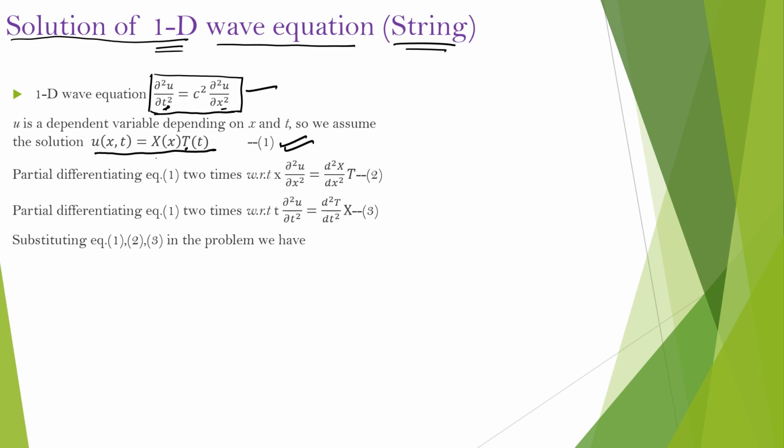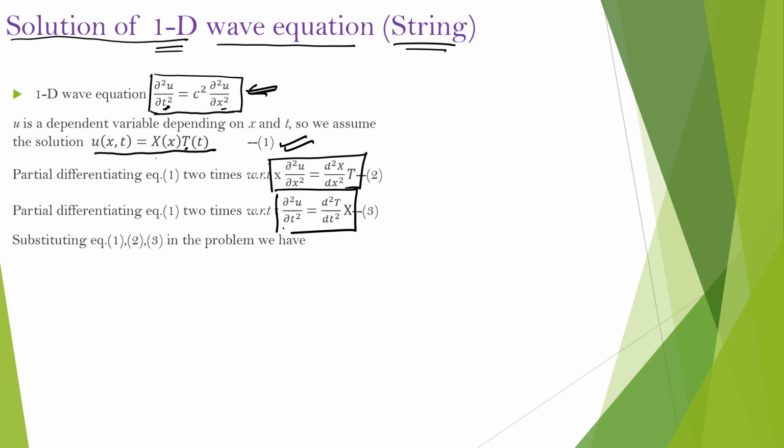Now, if this is the solution, then it must satisfy the given equation. We substitute this solution in the given problem. First we have to differentiate with respect to t twice and with respect to x twice. We get equations 2 and 3.